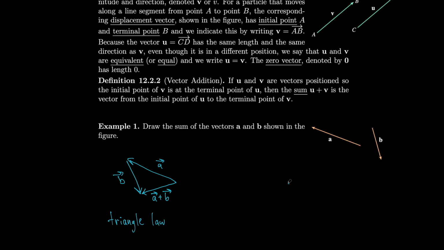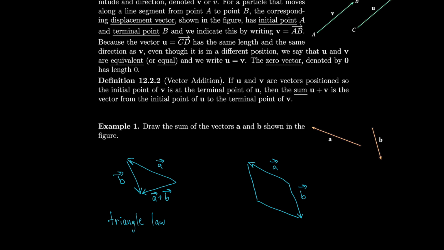However, another way to add vectors is if I position a over here, but then I position the tail of a and b together, like that. Then I can try drawing a parallelogram. See if I can roughly get it. So the parallelogram is not part of the two vectors.